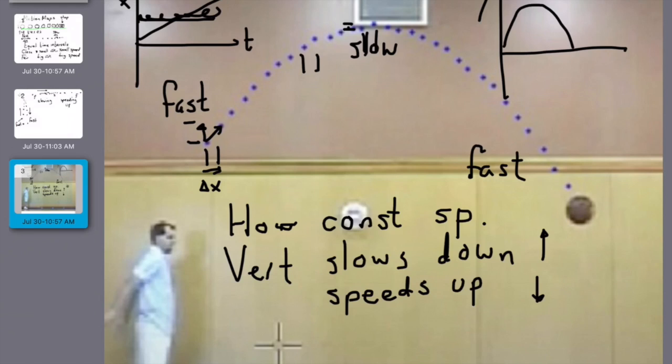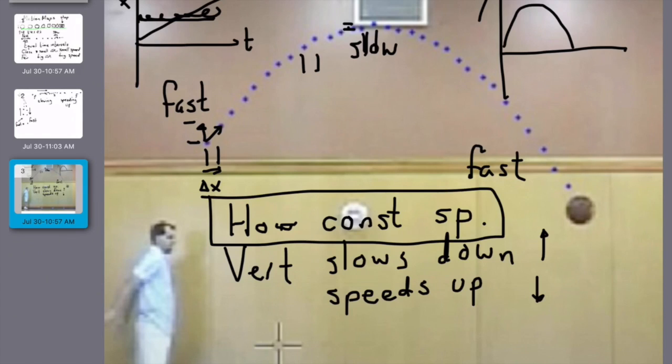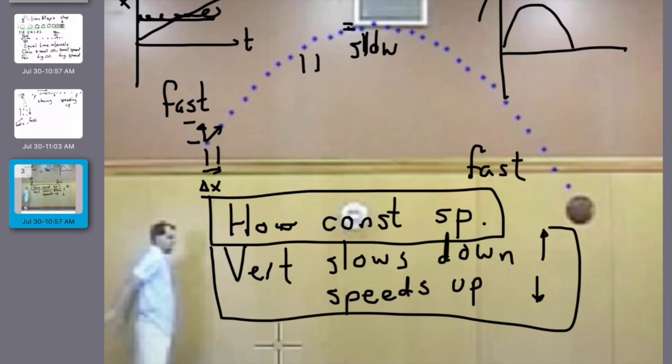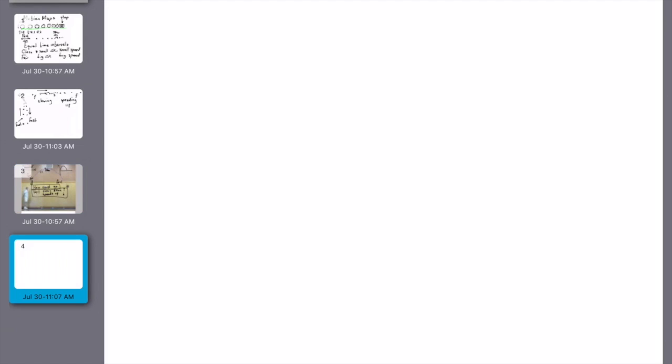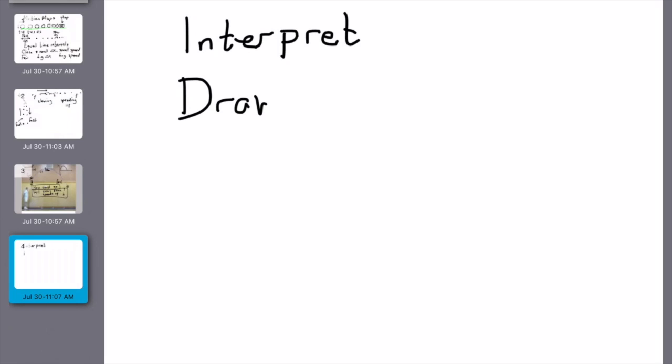It's really hard to solve. Now, it's really easy. What you do is you solve a constant velocity problem horizontally, then you solve a constant acceleration problem vertically. So what you should be able to do is interpret motion maps and draw an approximate motion map. Hope this has helped.